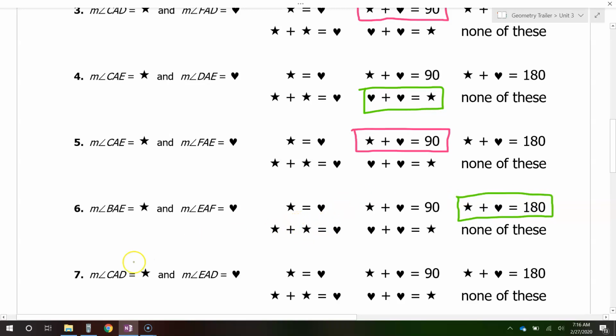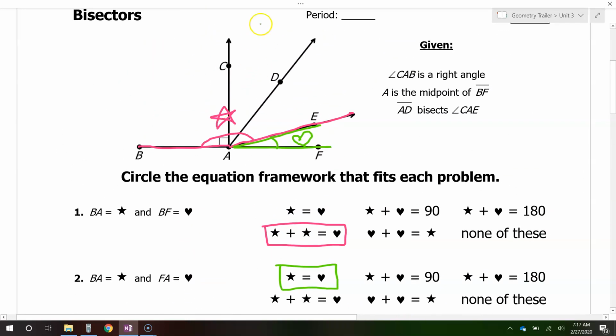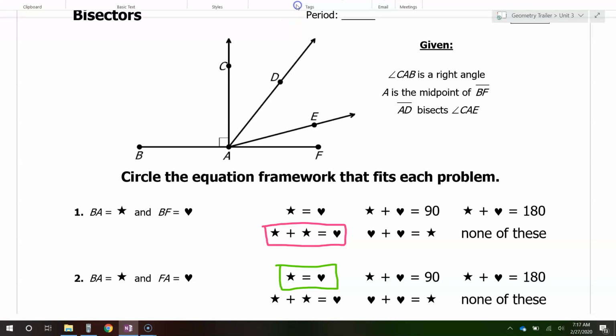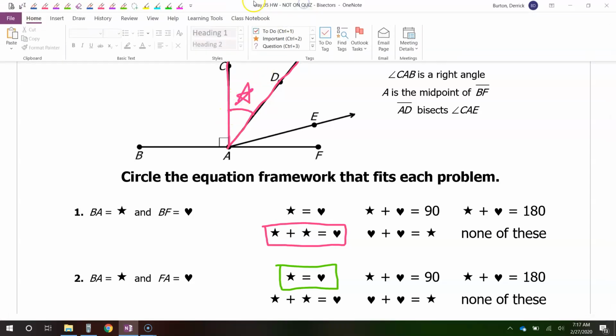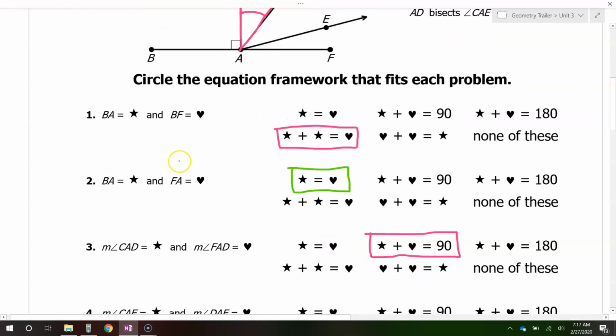All right, next we have angle CAD is the star. So angle CAD, this is the star. Now let's see where the heart is.